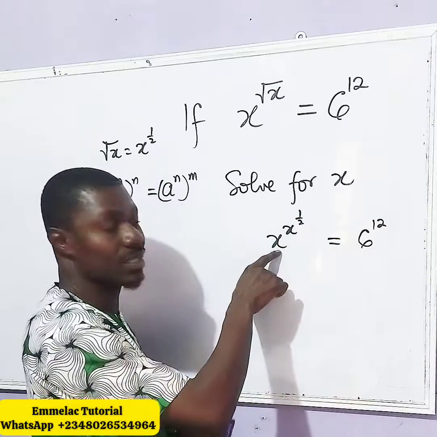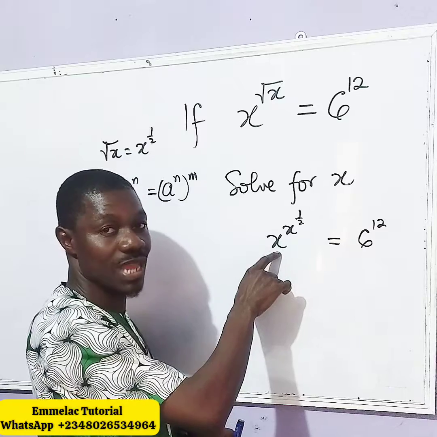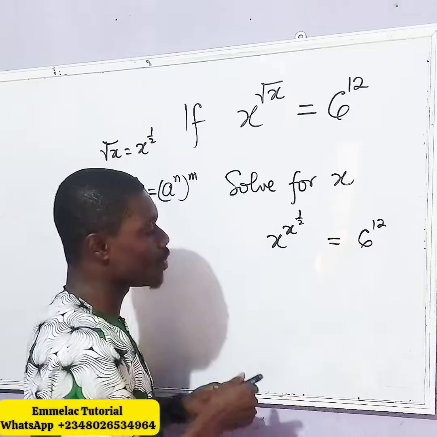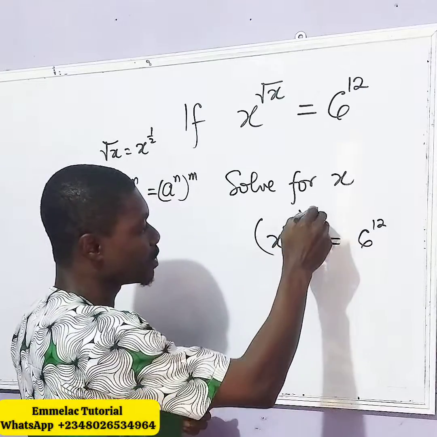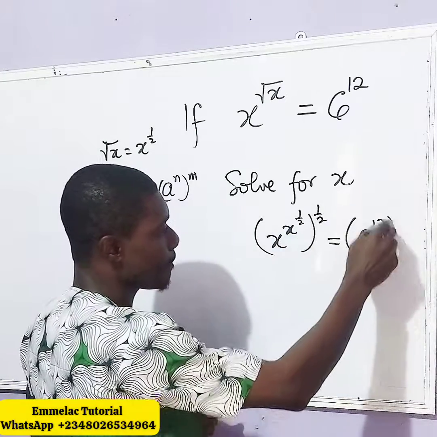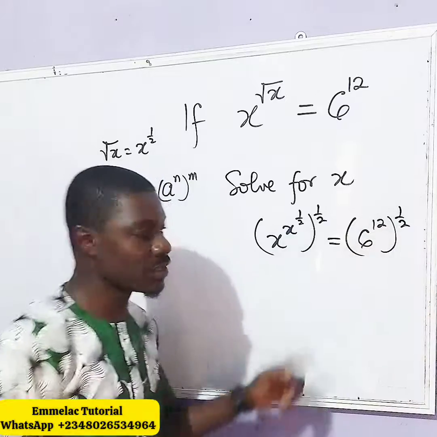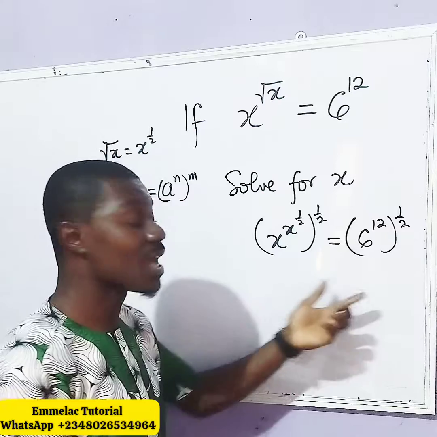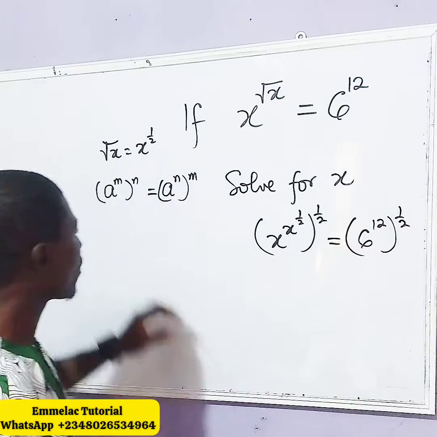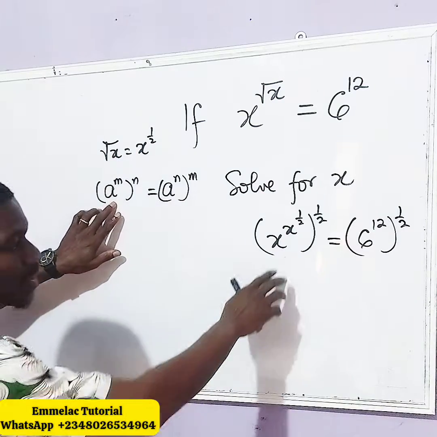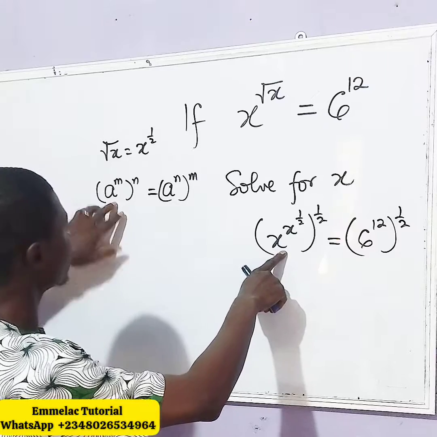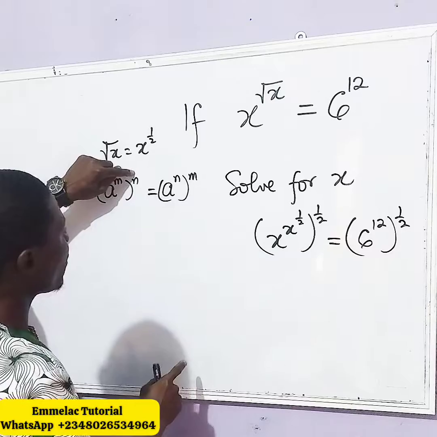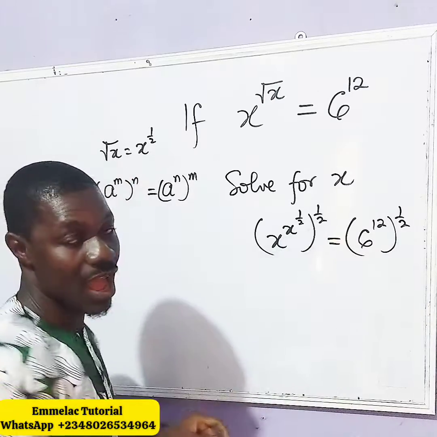So for me to make the base, which is x, the same as the exponent, all that I need to do is to raise both sides by half. Raising both sides by half is to ensure equality between the left hand side and the right hand side. Coming back here, a is our x, m is x raised to 1 over 2, and n is this half.